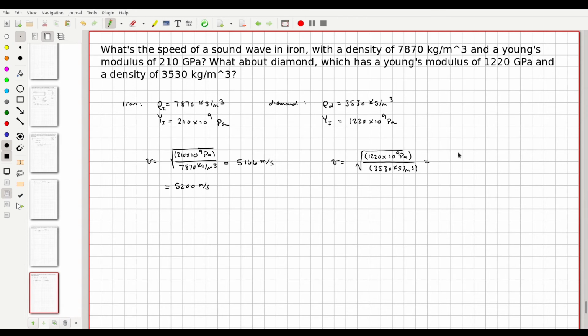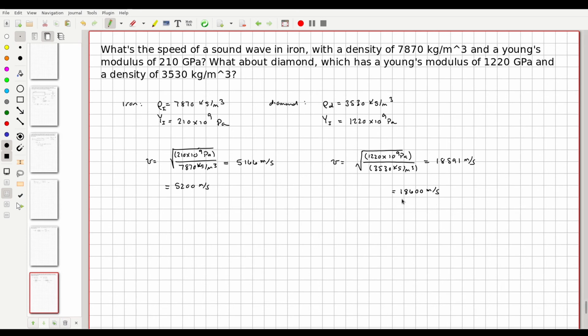Is that divided by 3,530? 18,591 meters per second. Or if you look at sig figs here, about 18,600 meters per second.